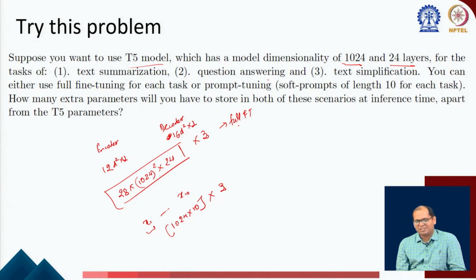That many extra parameters you will have to store at inference time apart from the T5 parameters. Of course, the T5 parameters have to be there, but you are not storing multiple copies per task. You could avoid tuning all the parameters, still use your single T5 copy, and have an additional small thing per task.